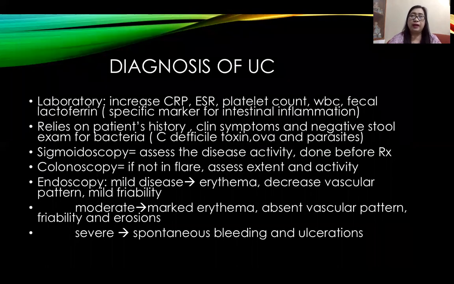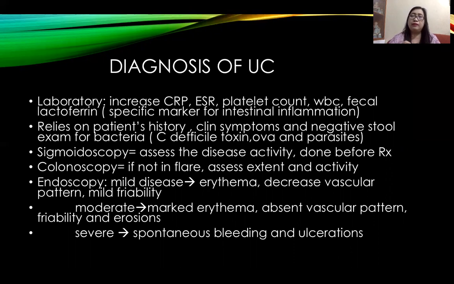So how do you diagnose? As we said a while ago, both may have increased ESR, and as the disease becomes more severe, your ESR becomes more exaggerated. You may have an increase in C-reactive protein, ESR, platelet count, leukocytosis, and fecal lactoferrin, which are the specific markers for intestinal inflammation.